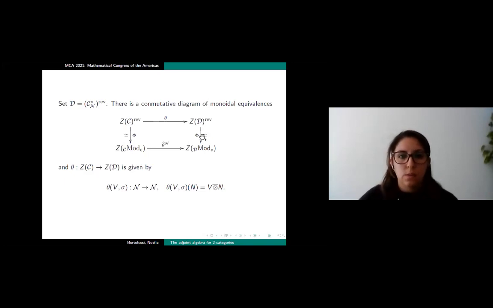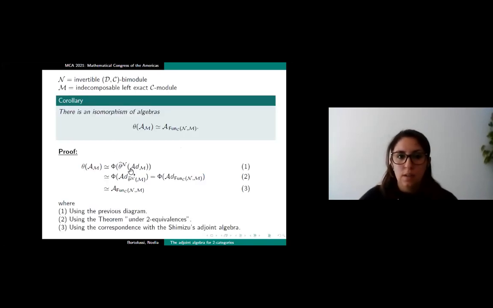So instead of writing theta of A_M, we can write phi of theta hat^N of the adjoint algebra of M. Since this theta hat is a monoidal equivalence, it is an induced one.